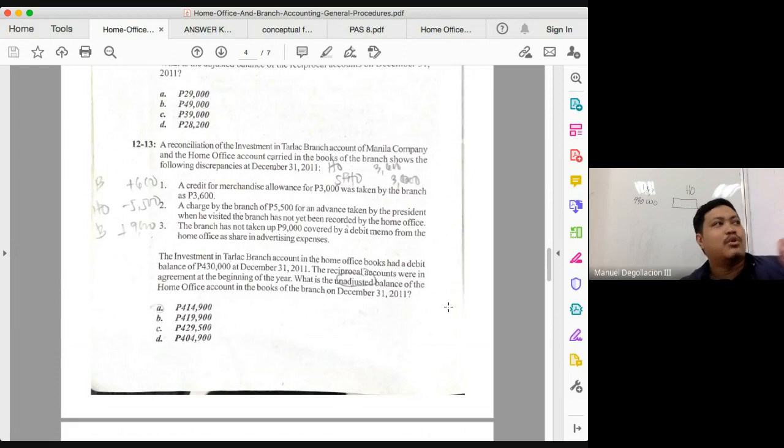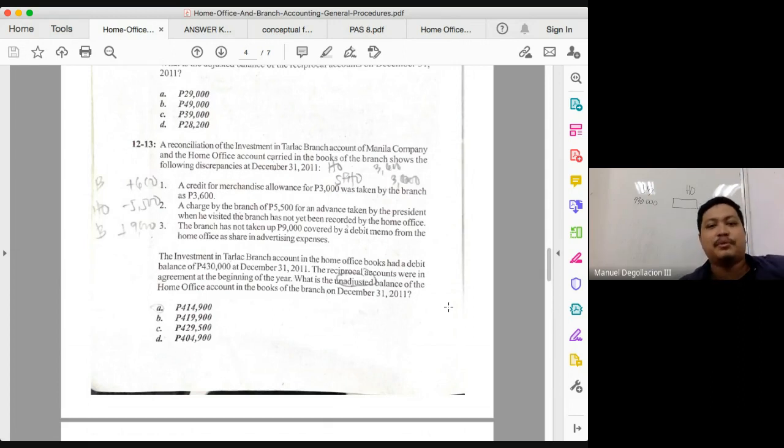Class, if you receive a credit memo, it's the same as that entity telling you that they have credited your account. So in this case, what does that mean? This means the home office has credited the investment in branch account. So basically the amount put up by the home office into the branch is being reduced.